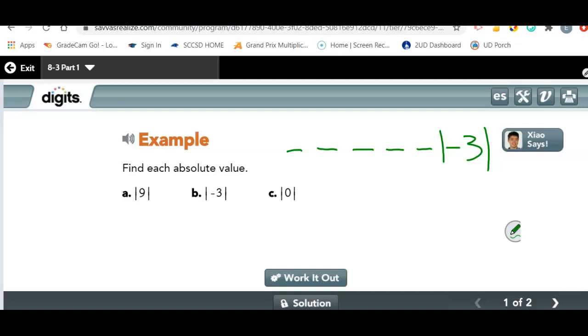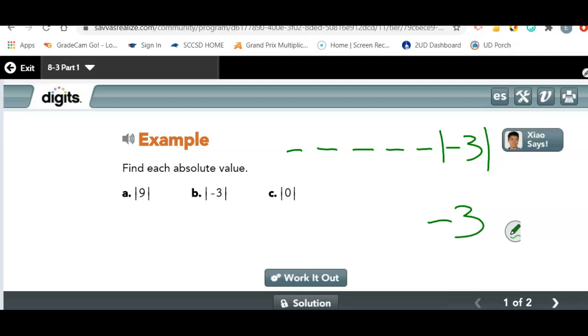Emery, what do you think? -3. We agree with -3? Yeah. All right, who has no idea? When I first looked at these problems, I'm like, all right. But I'll show you how to take your time and go through it.